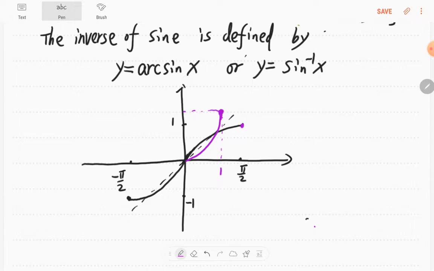And this point on the curve is negative pi over 2 and negative 1, so we have this point which is negative 1 and negative pi over 2.